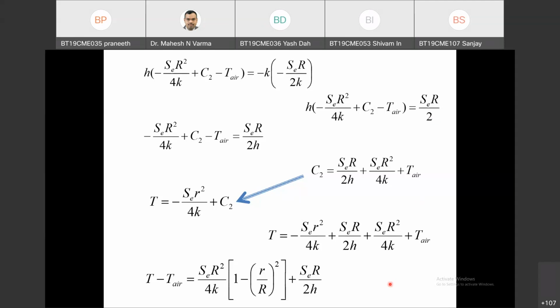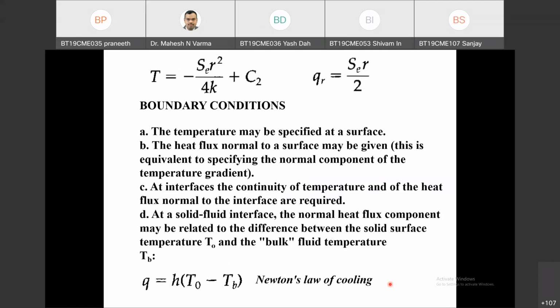Now this is one way. Another way is there actually. I will assume first that the surface temperature is T0. As soon as I assume surface temperature equals T0, this is my temperature profile, this is my flux profile.